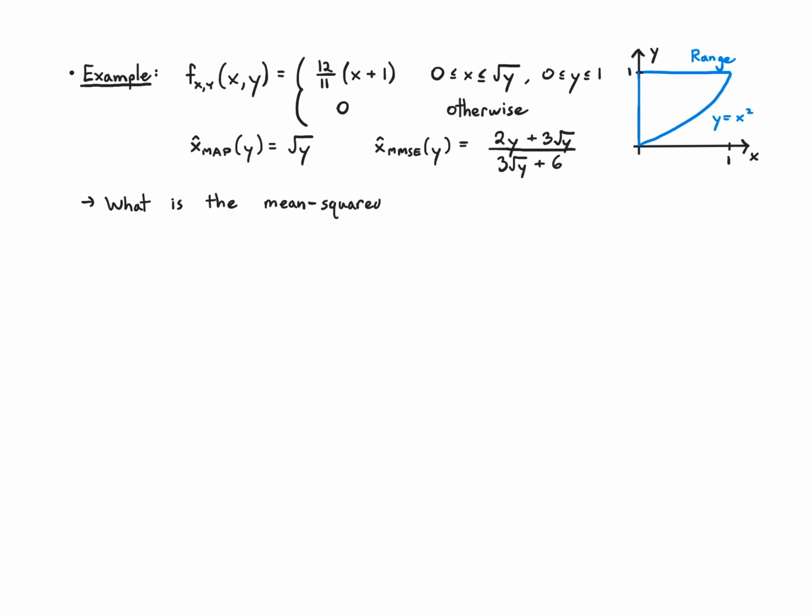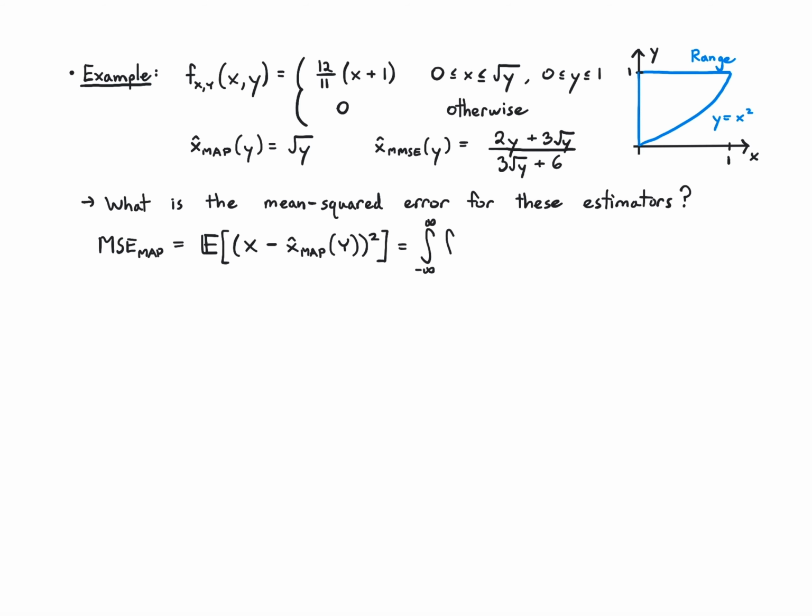This just amounts to taking the true value of x, subtracting the x estimator, squaring it, and averaging that. So I take the true value of x, subtract x hat MAP, square it, and then I get the integral from minus infinity to infinity twice, of (x minus x hat MAP) squared times the joint PDF, dx dy.